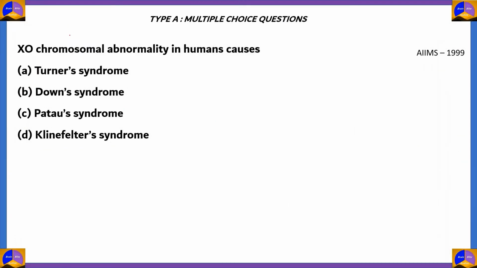Now let's look at our next question. XO chromosomal abnormality in humans causes A. Turner syndrome, B. Down syndrome, C. Patau syndrome, and D. Klinefelter syndrome. Now, this occurs in women, a sex chromosomal abnormality. So over here, there's an absence of an X chromosome.